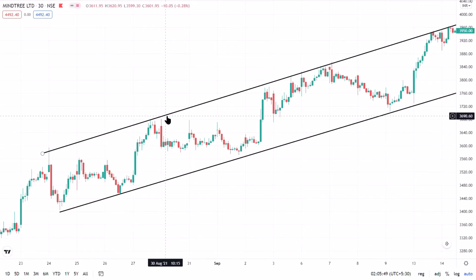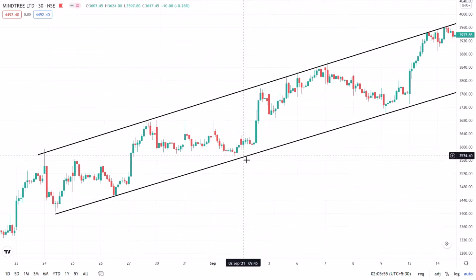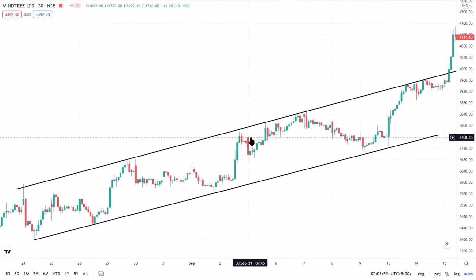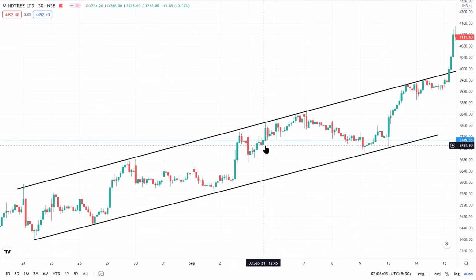Now in case you decide to short sell, you might think, oh, I can just short sell here and buy here and make a profit. But here's why it doesn't work. Let's say you see the candles hit the resistance line, it reverses and you decide to short sell. So you short sell it here. I'll put a horizontal line.